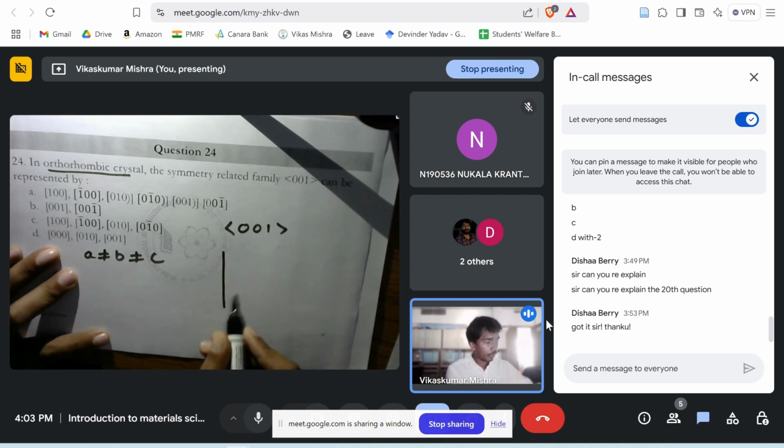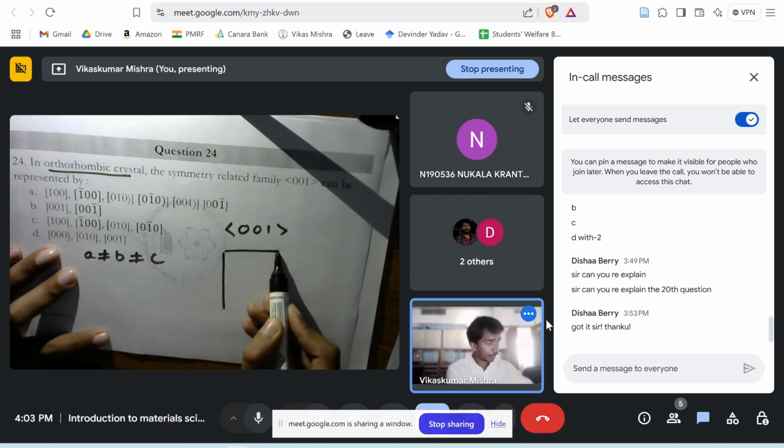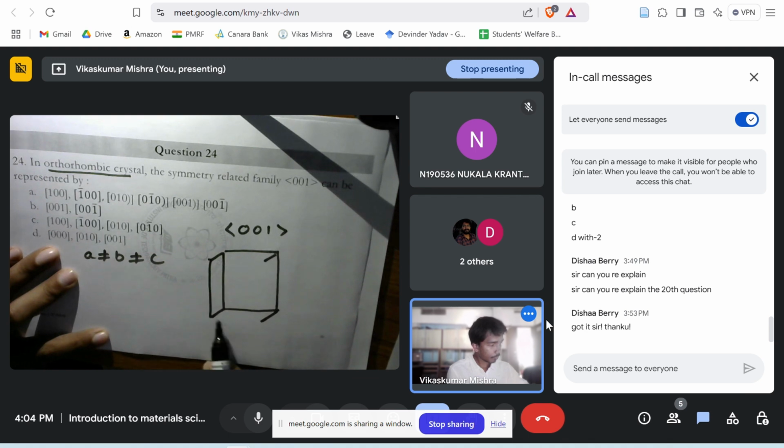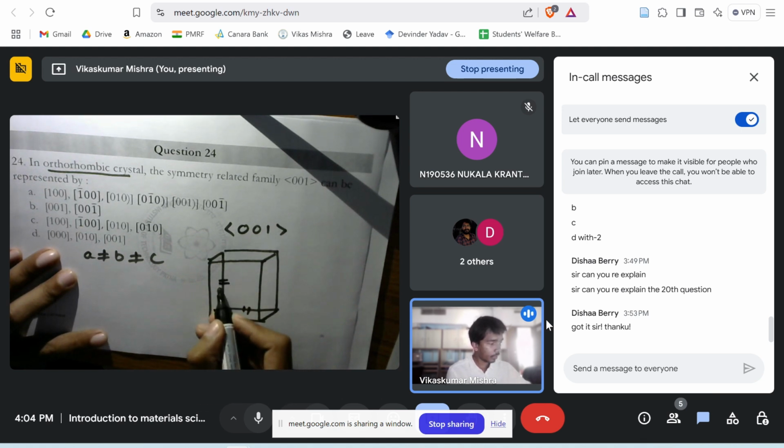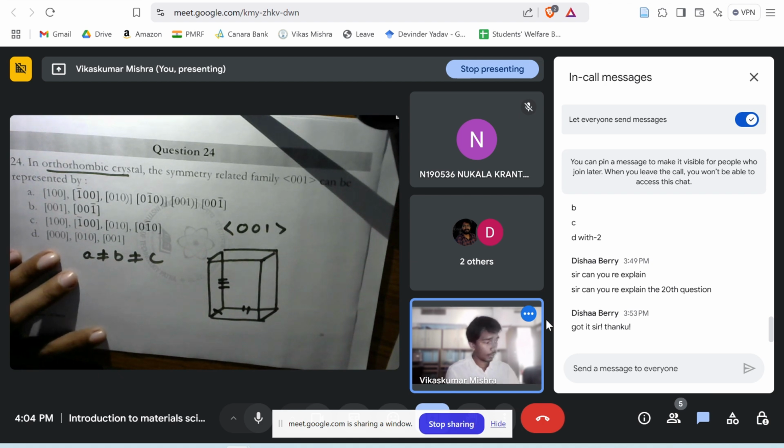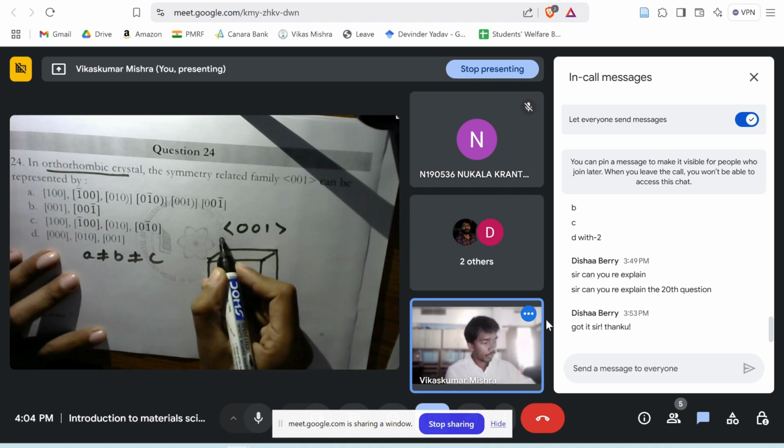So let's draw one, where all 3 are different from each other. So this direction 001 is this one.